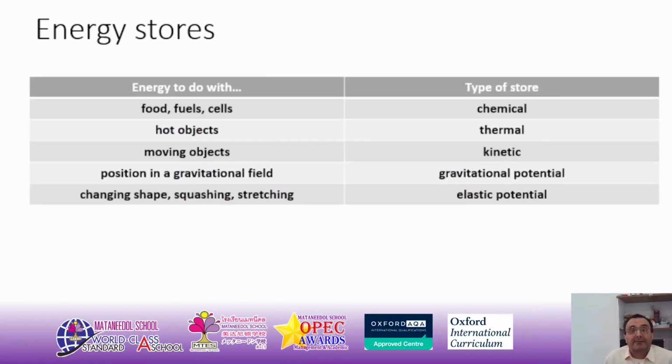So there we have some examples. Food, fuel cells or batteries are chemical stores. Something that's hot has thermal energy. Something that is moving has kinetic energy, and if something is high up, we say it has gravitational potential energy. And in elastic, when we stretch it, we say it has elastic potential energy.